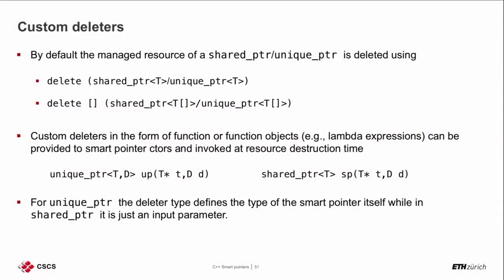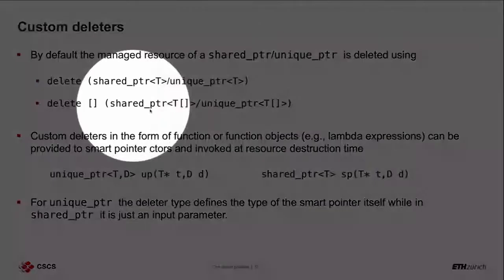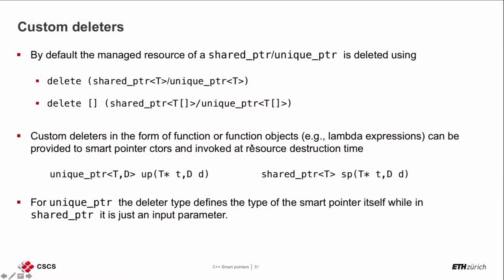But if you have any specific need, you can also provide a specific operation for the delete procedure, using custom deleters that can be provided as a function or lambda expression, for example, so that when the smart pointer releases the memory location on the heap for you, this function will be executed. So if you have any specific operation that you want to complete during this destruction, you can specify that using these custom deleters.